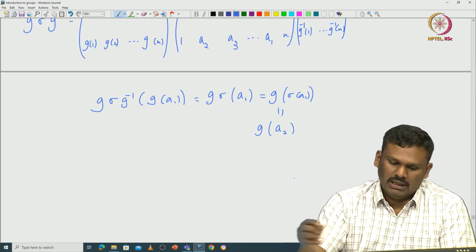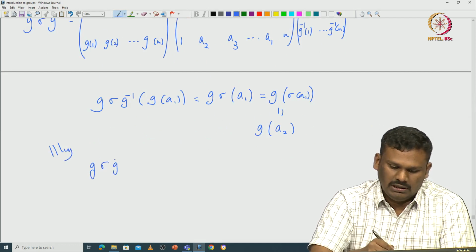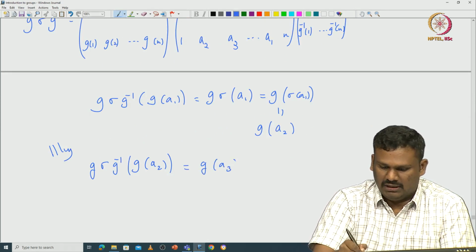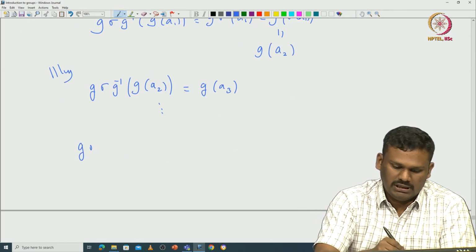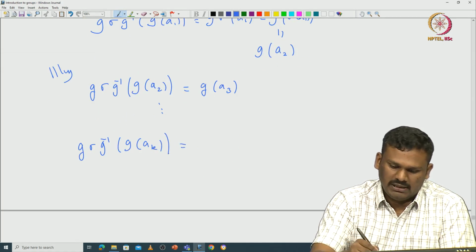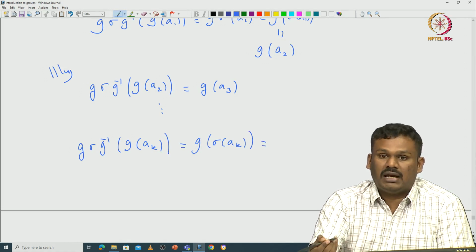That's what it says. Similarly, if you compute g sigma g inverse on g of a2, you can see that this is going to be exactly g of a3 and so on. Now at the end, if you do this computation g sigma g inverse on g of ak, you can see that this is going to be exactly g of sigma of ak, and sigma of ak is a1.